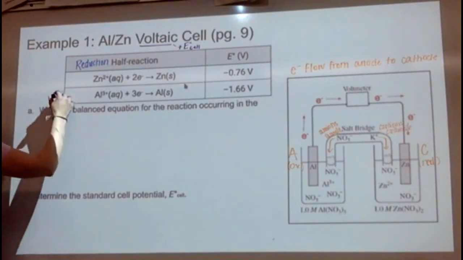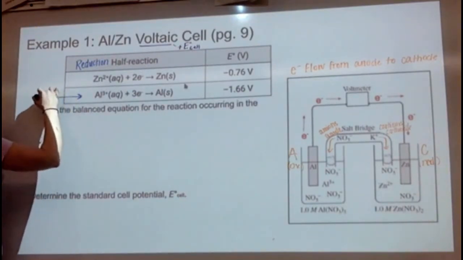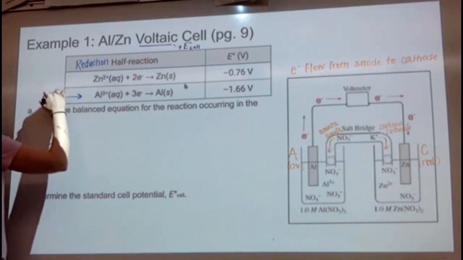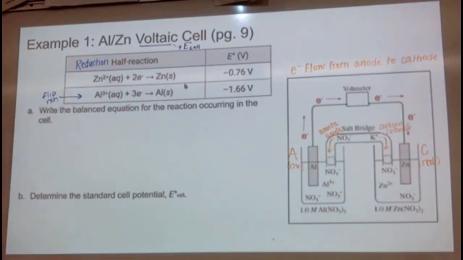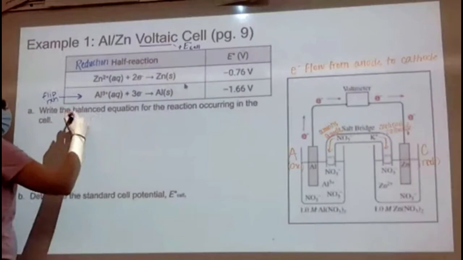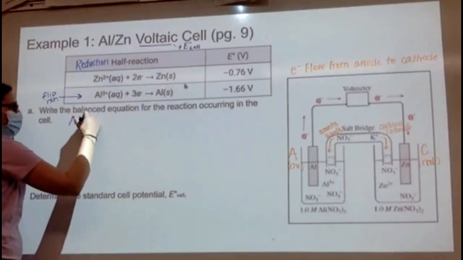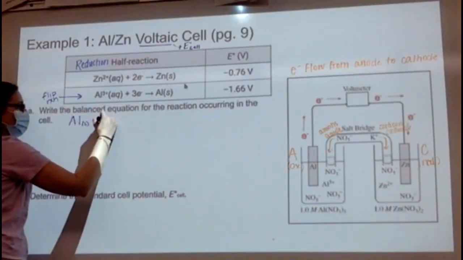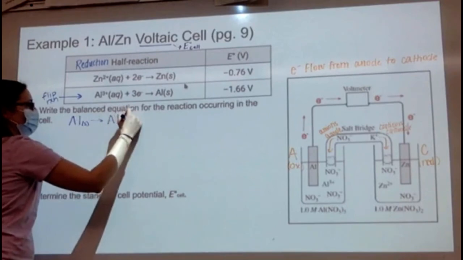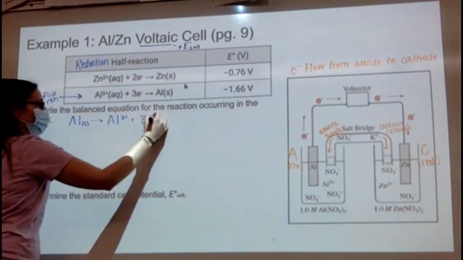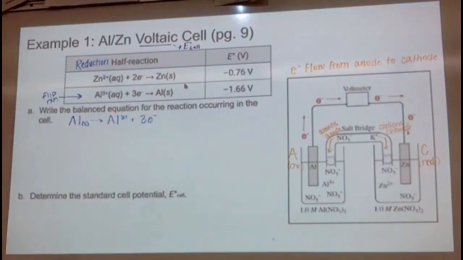So I am going to flip this reaction. So I'm going to just rewrite down here. I'm going to rewrite this flipped reaction. Al yields Al3 plus 3 electrons. This is oxidation.